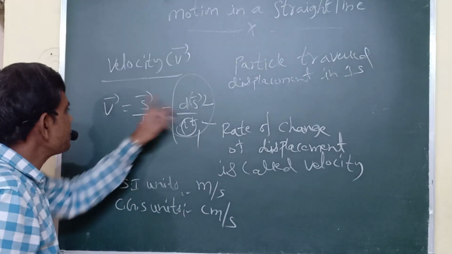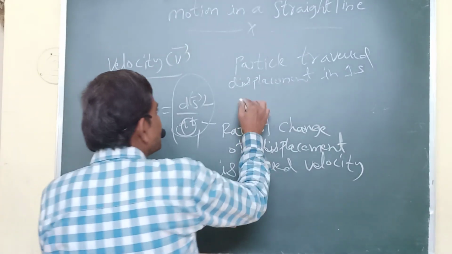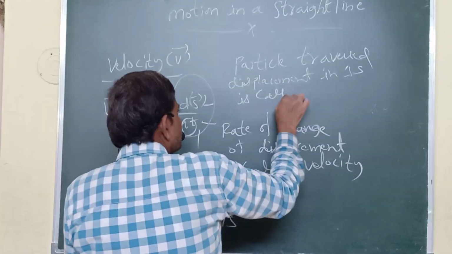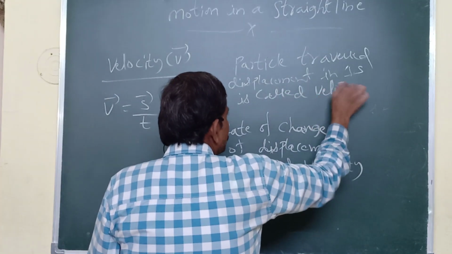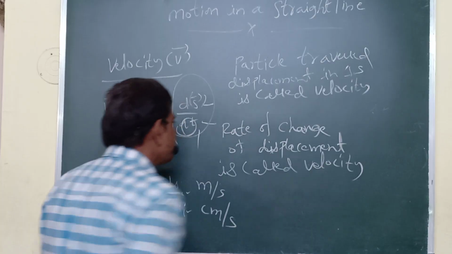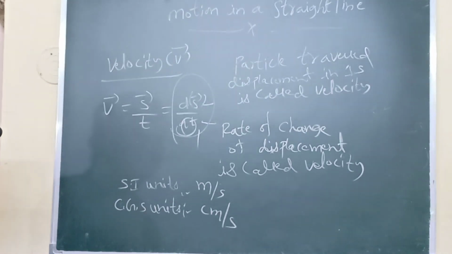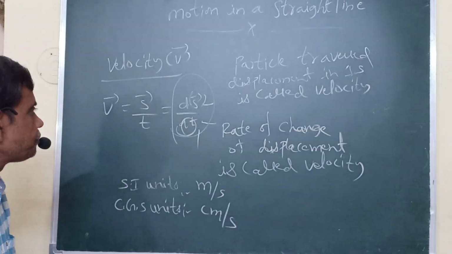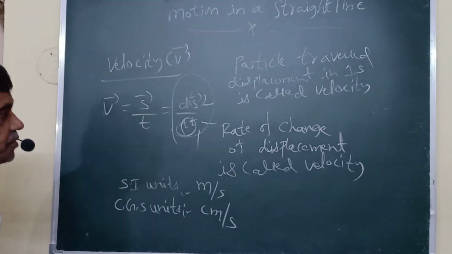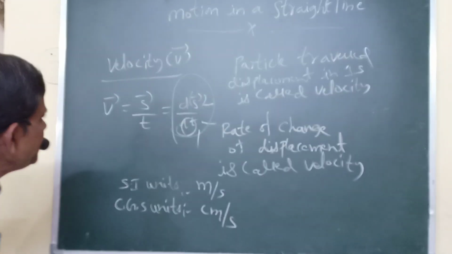If this is 1, displacement equal to velocity is called velocity. So this is about velocity. Previously only I had told average velocity. Next you go to speed.